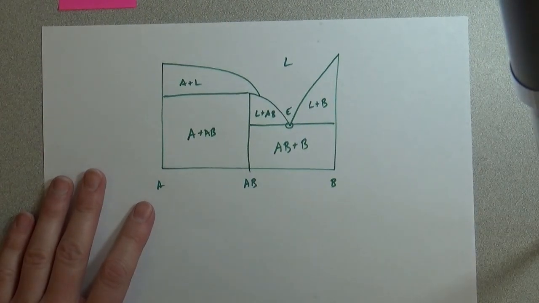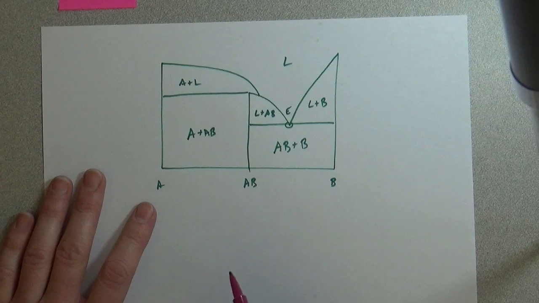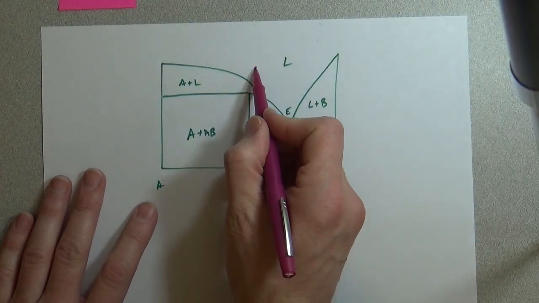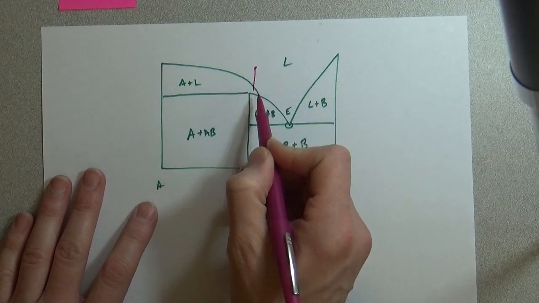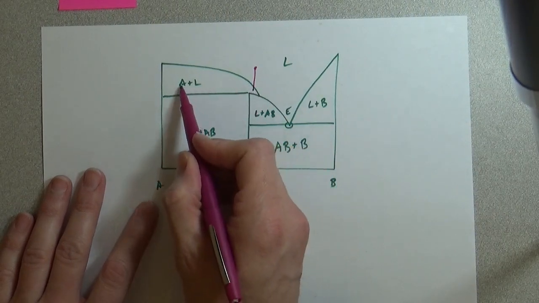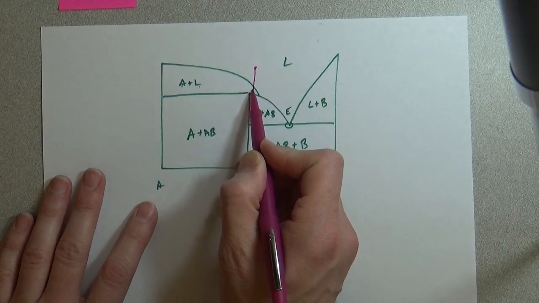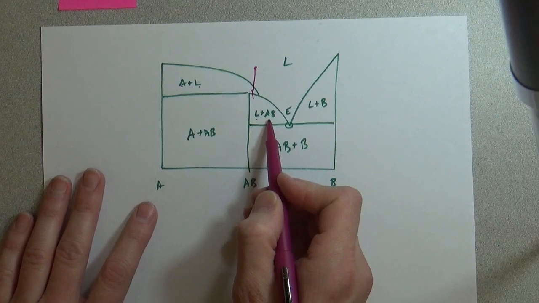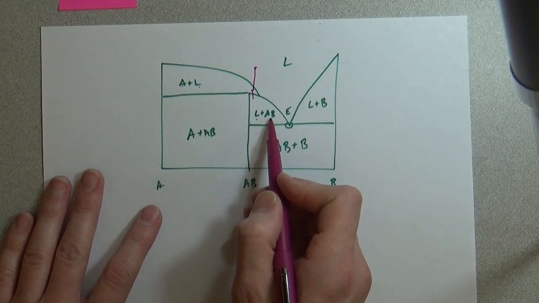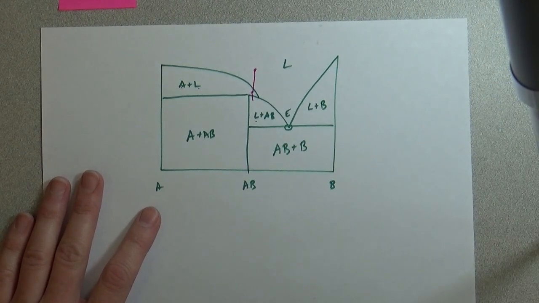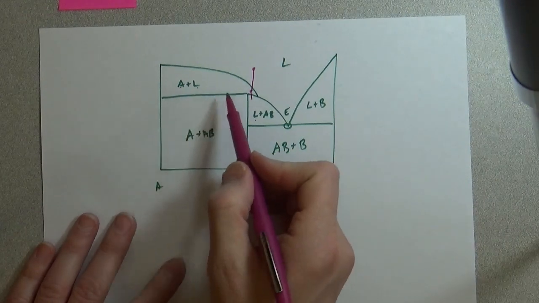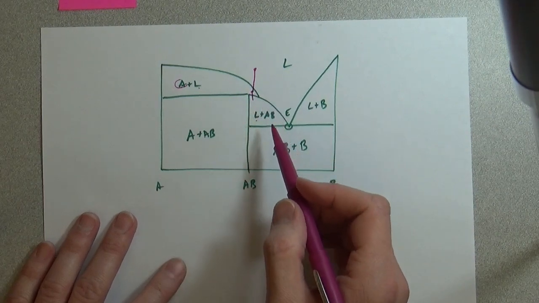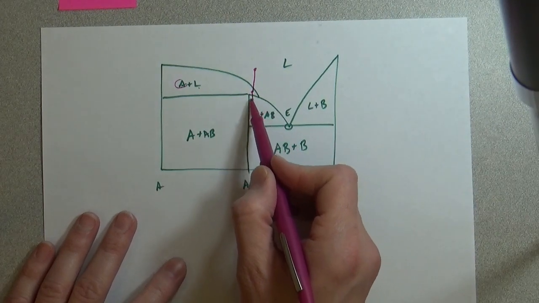But the interesting thing about it is that now, let's say you're up here and you cool down. Okay, so now you're in A plus liquid. And now as you come down here, you're now in L plus AB. So what just happened was that A phase, which existed here, was completely reabsorbed, and AB comes out.